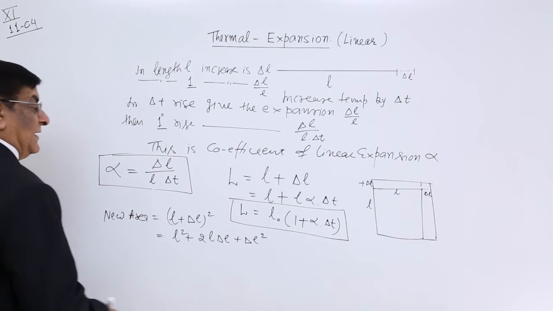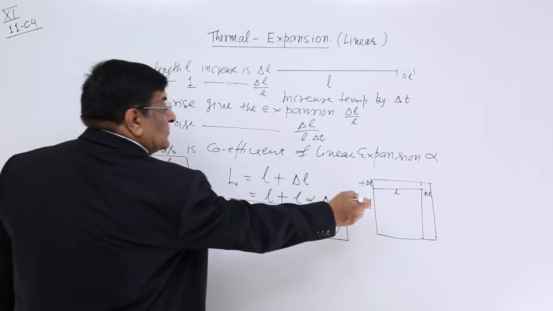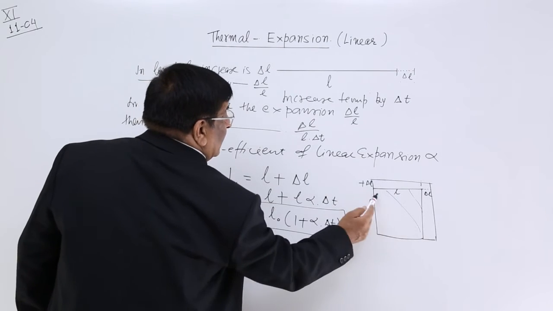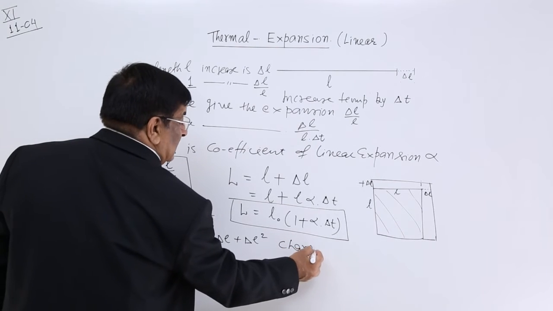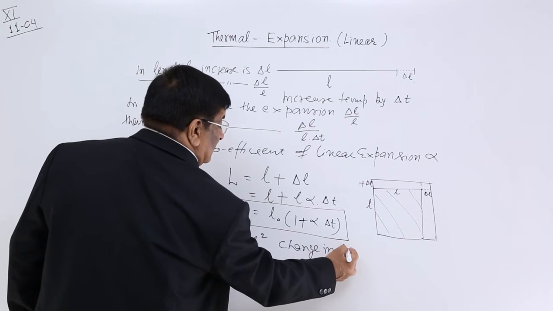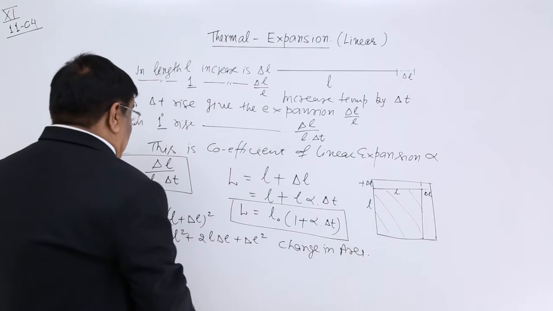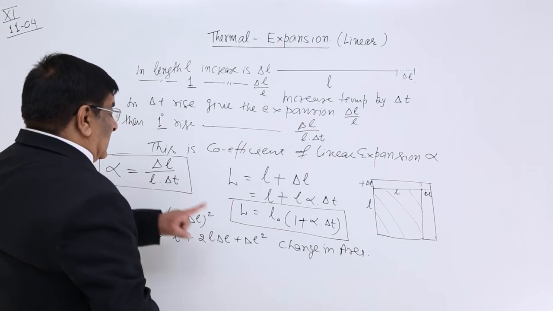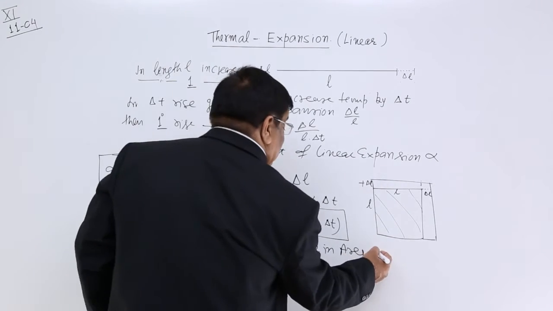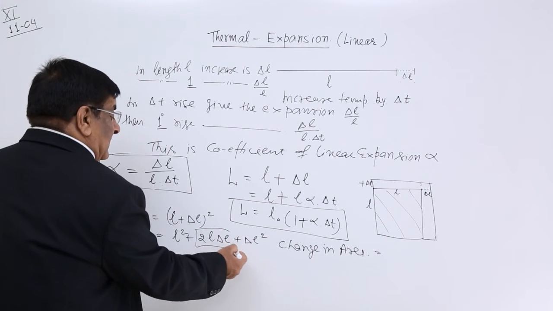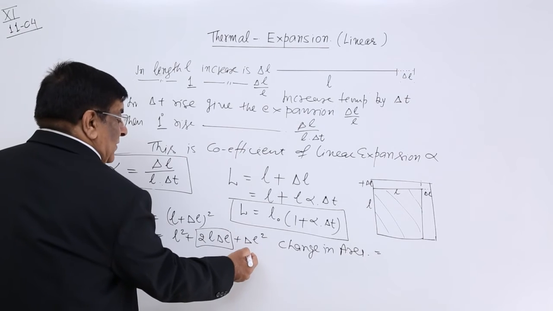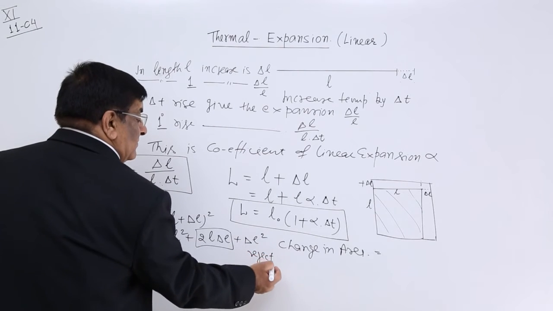What was the old area? That was L square, only this much. What is the change in area? Change in area is this minus L square. So L square is cancelled and what we get is this quantity. This we reject because this is too small.